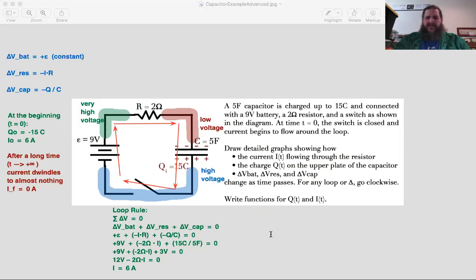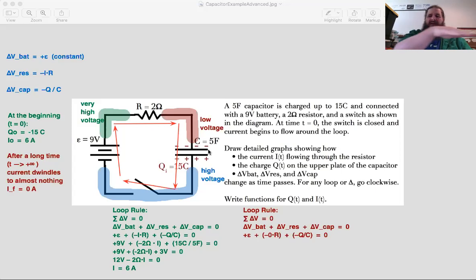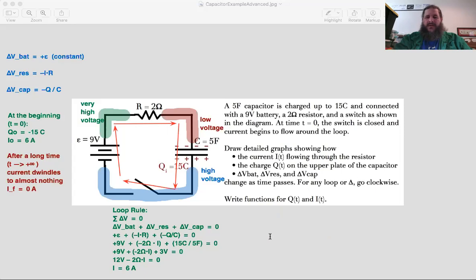If we just fill in 0 for current, we know there's no current flowing, because if the current was still flowing, the capacitor would be still in the process of changing. But we're looking for what it levels out to, what it will eventually be after a long time. After a long time, we can expect the current to have settled to a final value, which means no further change, which means no current is flowing.